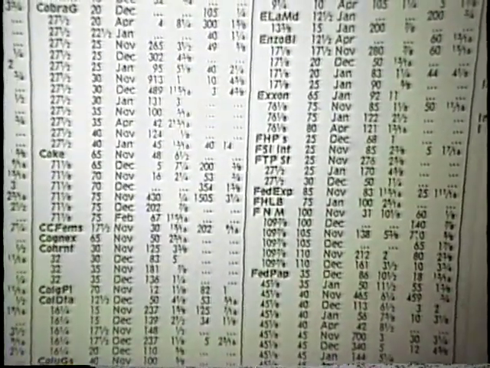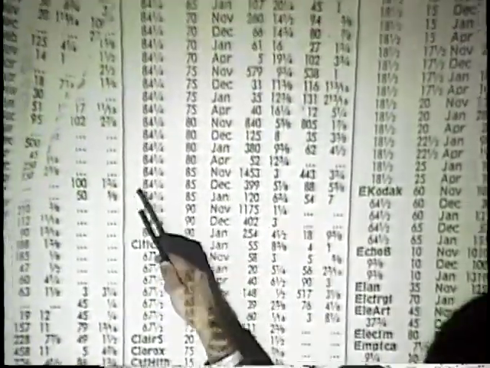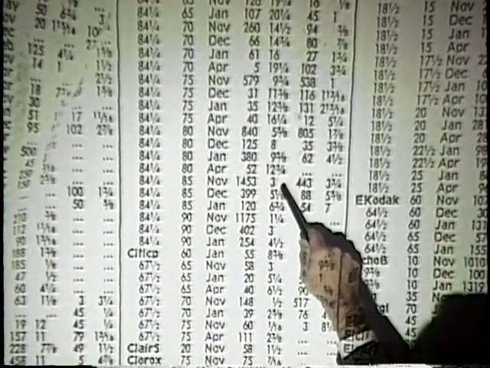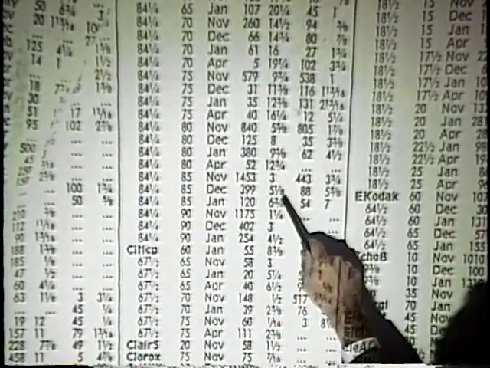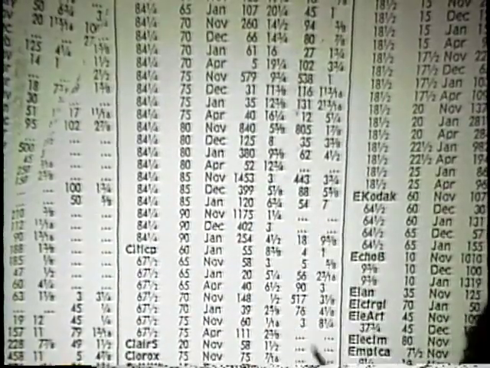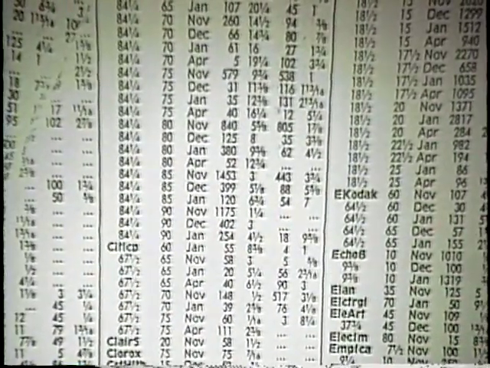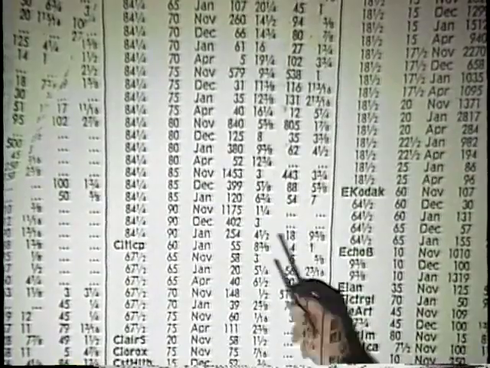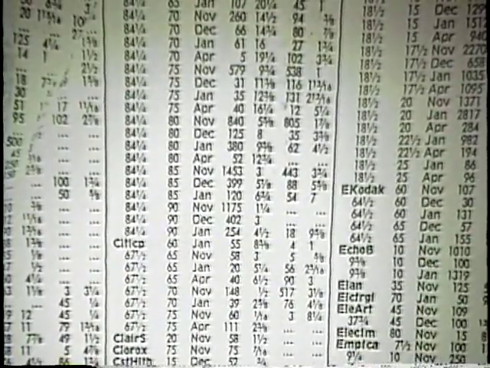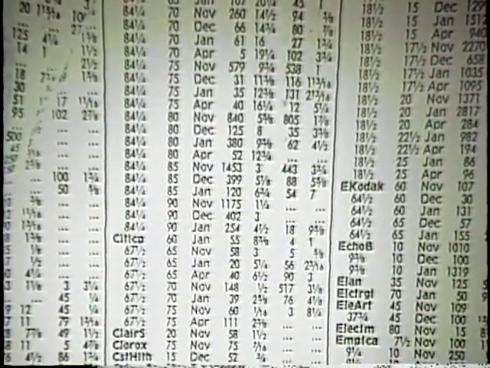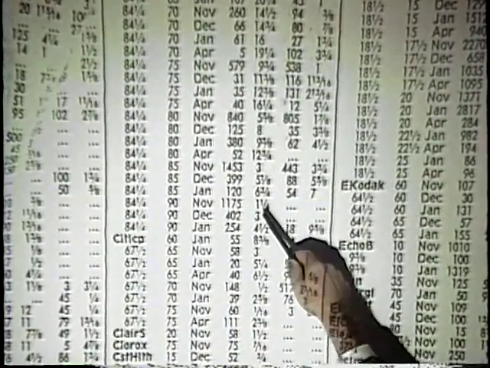So let's look at the December 85. It's got a price of 5 and an 8. And if we go to the December 90, so it's a higher exercise price, December 90's got a price of 3.